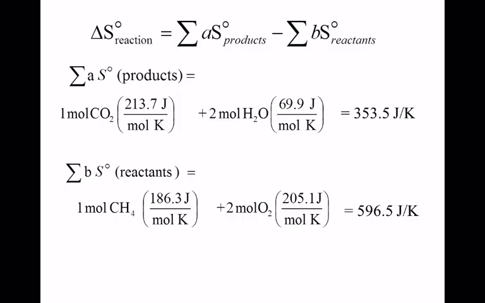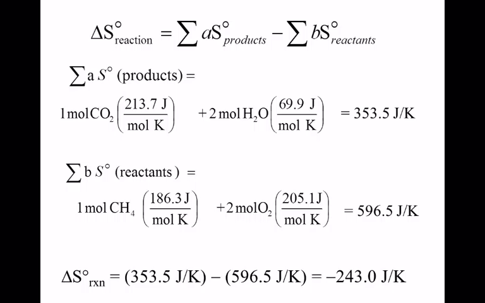Now ready for the subtraction part. So then the delta S is 353.5 joules per Kelvin minus 596.5 joules per Kelvin. So we got a negative 243.0 joules per Kelvin.